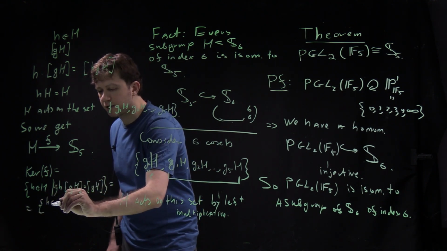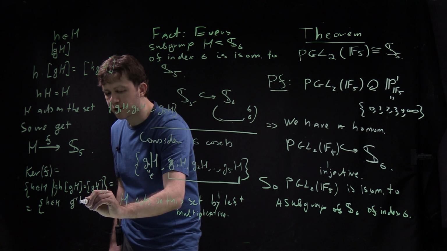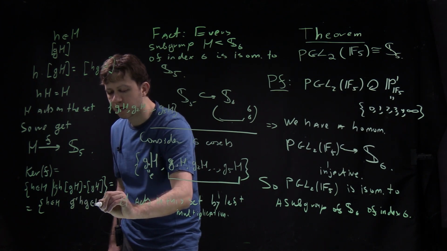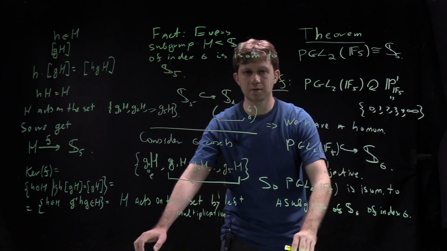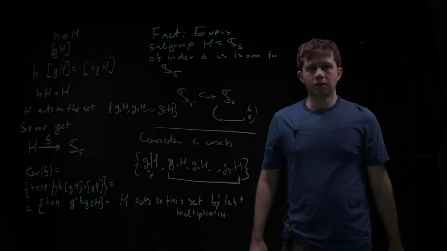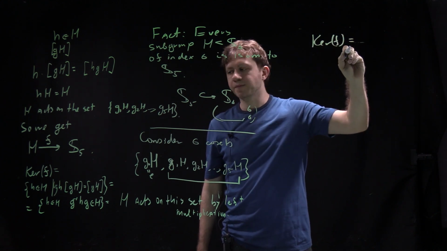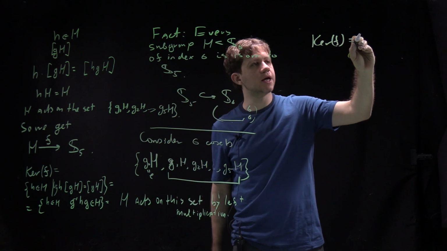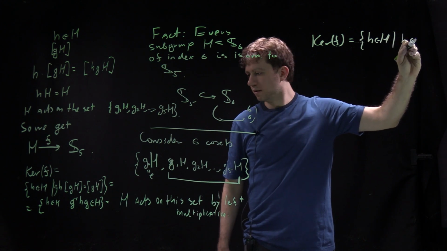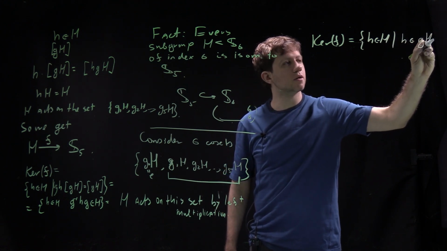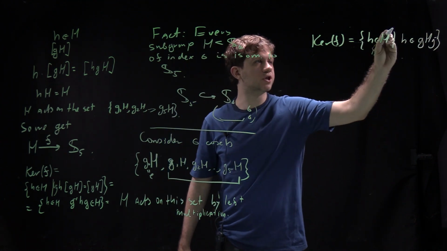But that means that this is the set of h in H such that, if you just expand it, you will see that g inverse h g is inside H. Or you can say that this kernel of F actually equals the intersection of h in H such that h is inside gHg inverse, for every g.